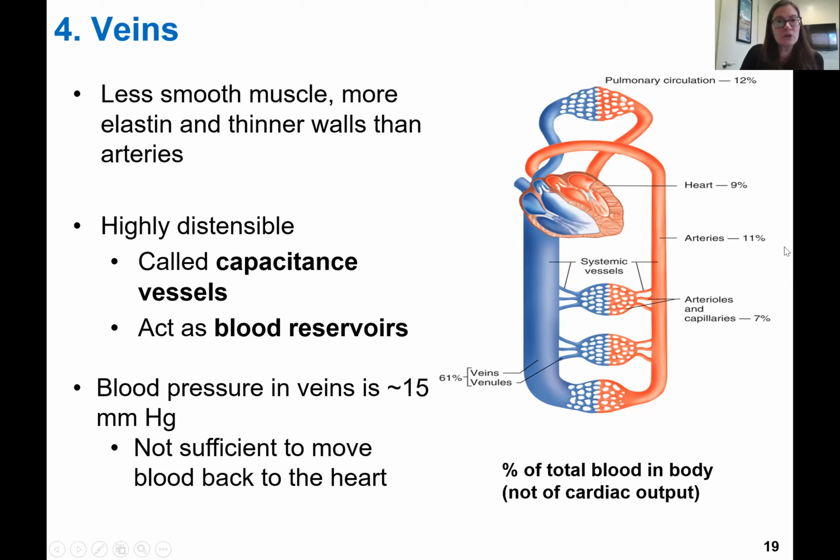And only a little over 10% is in the arteries. And less than 10% is in the arterioles. So kind of divided amongst these other 4 big areas, lungs, heart, arteries, and arterioles, and capillaries is where your other 40% lies. And most of the blood, over 60%, is in the veins.